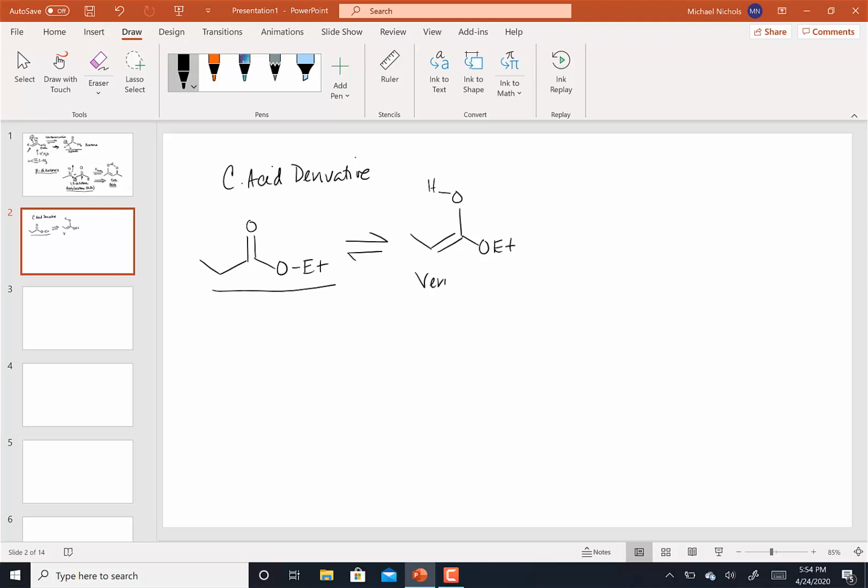Only a very, very tiny amount is actually in the enol form for an ester or for any carboxylic acid derivative.